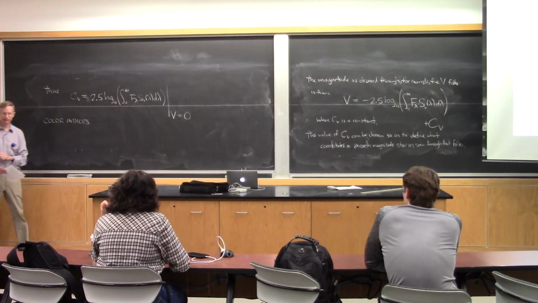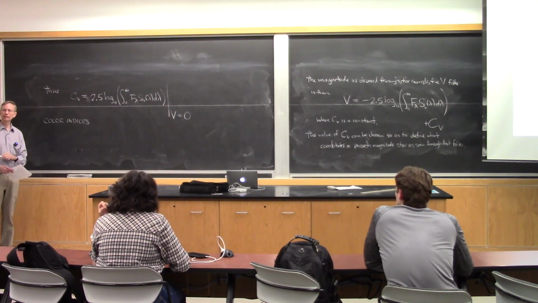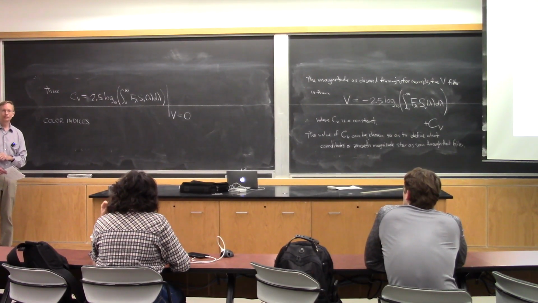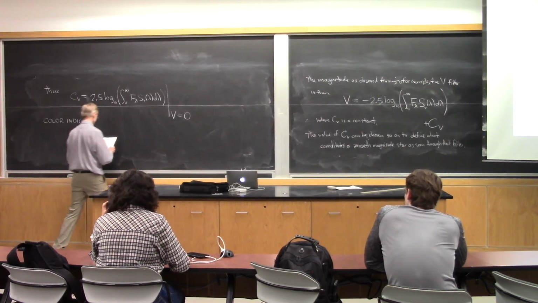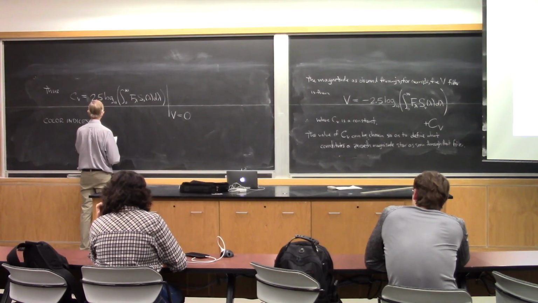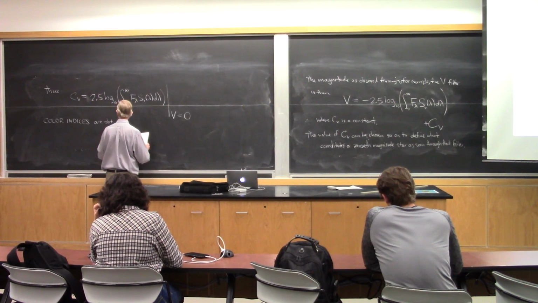Color indices, right, plural of index, one index, two indices, not two indexes, two indices. Color indices are obtained by subtracting filter magnitudes from one another.